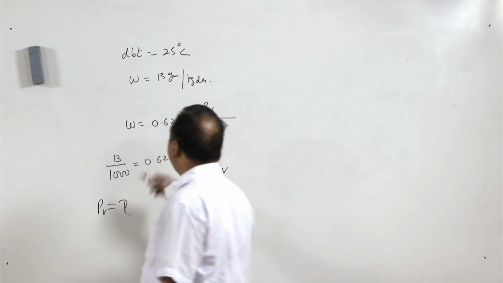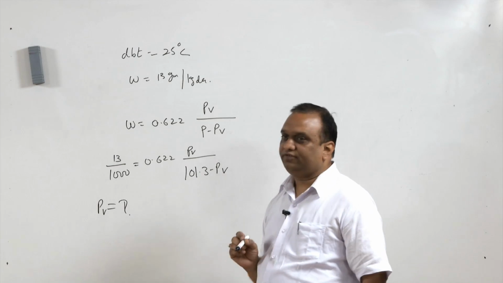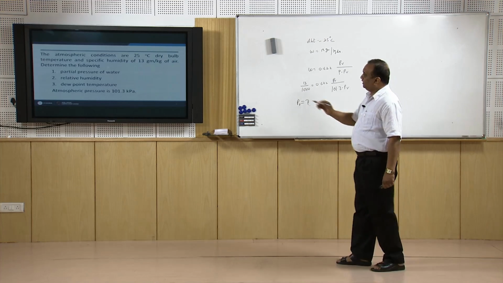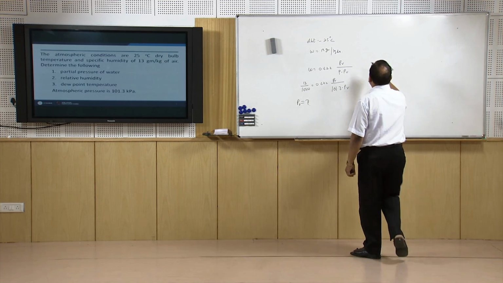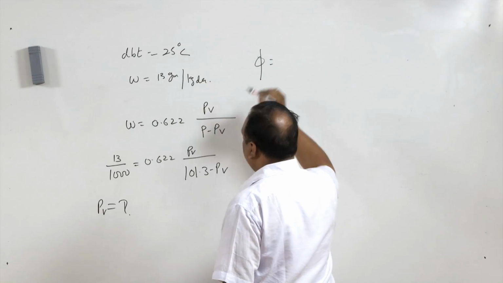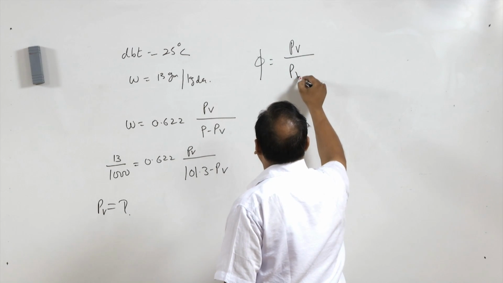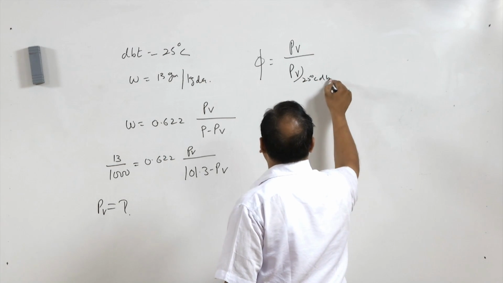You can do this by yourself. From here we will get the value of partial pressure of vapor. Now, relative humidity is the partial pressure of vapor divided by the partial pressure when it is saturated at, let us say, 25 degree centigrade dBT.